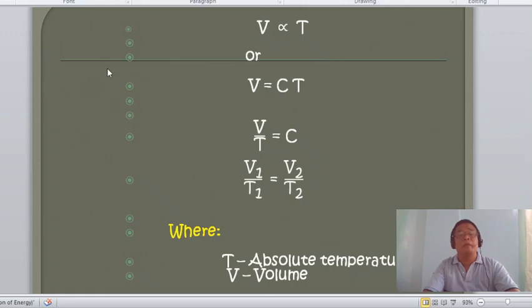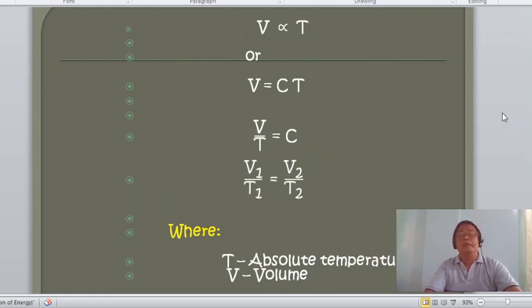From state point 1 to state point 2, the ratio of the volume and temperature is constant. We can write that as V1 over T1 equals V2 over T2, where T is the absolute temperature and V is the volume.